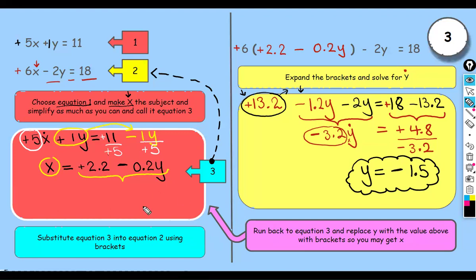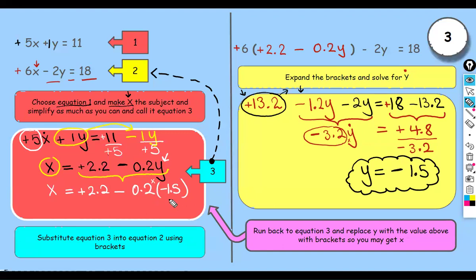We always run back to equation 3. So let's run back to equation 3, our friend, right? And x is equal to positive 2.2 minus 0.2 y. Throw away that y and in brackets put minus 1.5 because that's the real value of y. Do the multiplication here first.